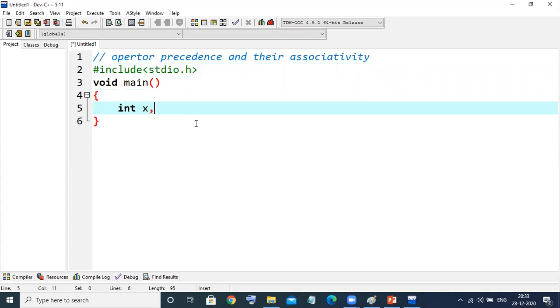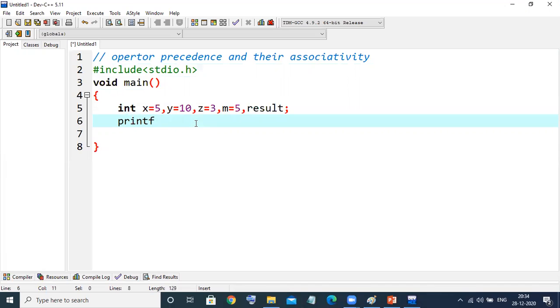I'll take some variables x, y, z, m, and result as one variable. Suppose I want to assign some values here. Let us take x equals 5, y equals 10, z equals 3, and m equals 5. And here we'll take some expression.